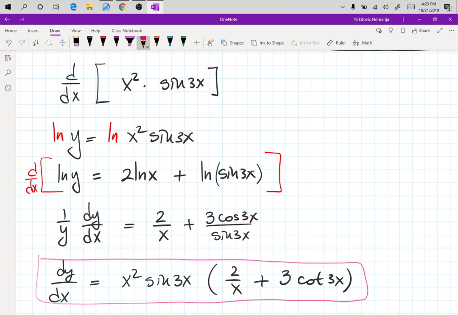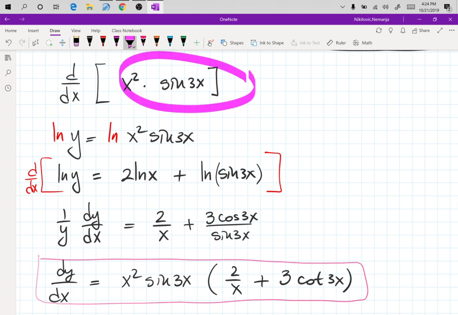And you always have y times that parenthesis. So if you're interested in taking these derivatives mentally, the first thing is to copy the function as is, and then you just have to mentally figure out what goes in the parenthesis. But what goes in the parenthesis comes directly from your ability to expand this mentally here.